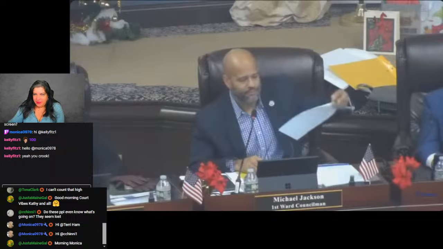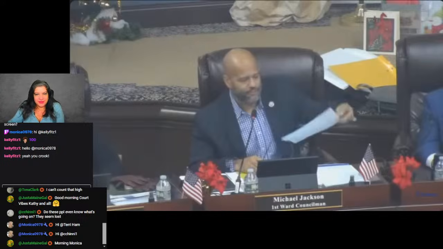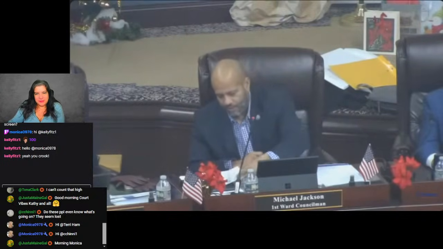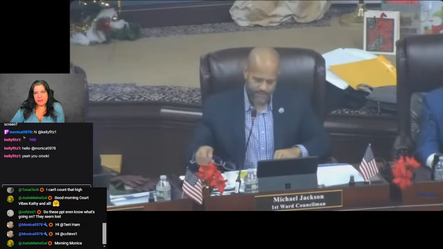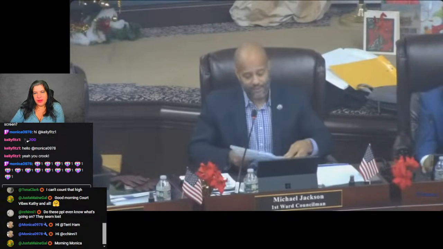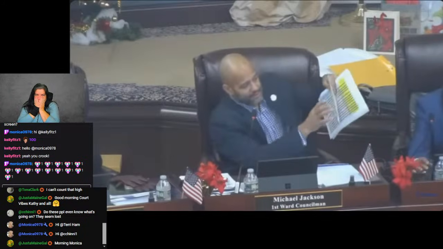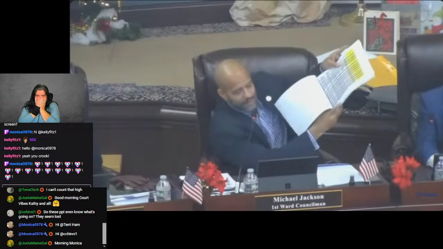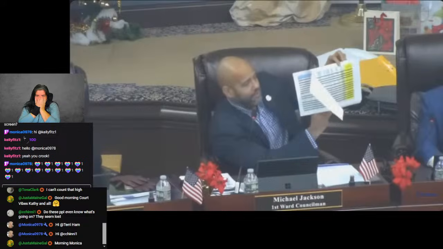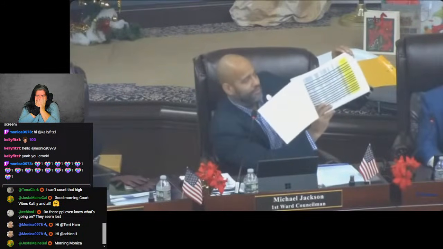That's the list from 7 years ago of who didn't have to pay taxes. Since the last 7 years, this is the list of tax abatements. Every single one of these properties, not one of them contributes to that $13 million.